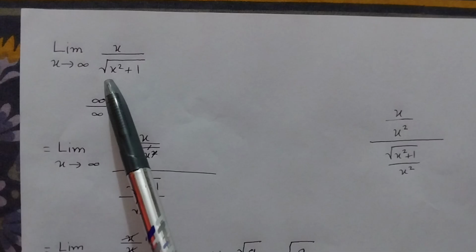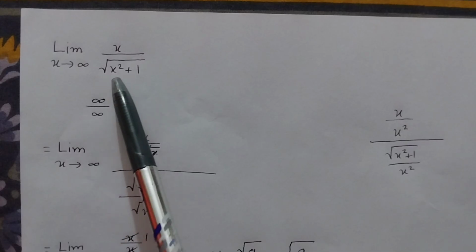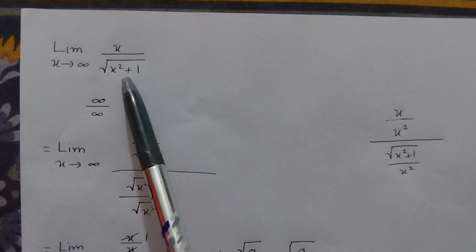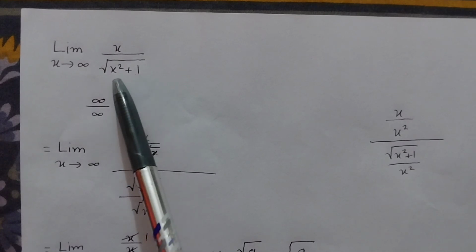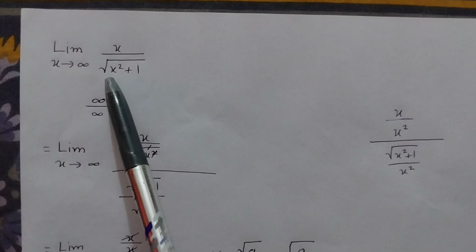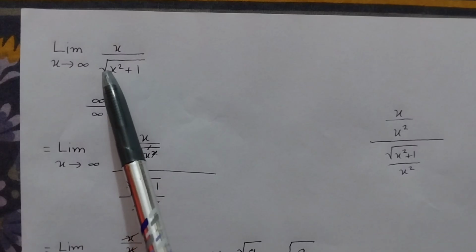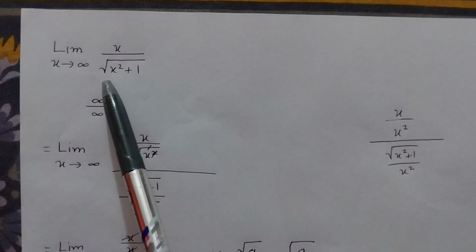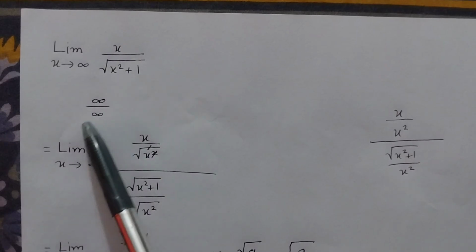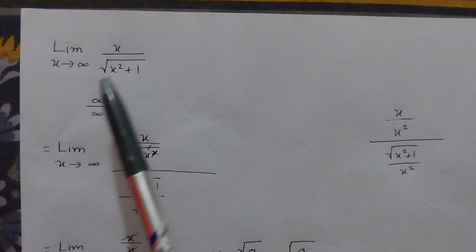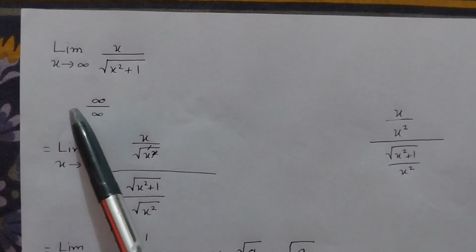So x squared will be an even larger positive number. Adding 1 to that makes no difference. This will remain infinity. And when you take the square root of a very large positive number, it is still a very large positive number. So we have this infinity over infinity form, which is an indeterminate form.